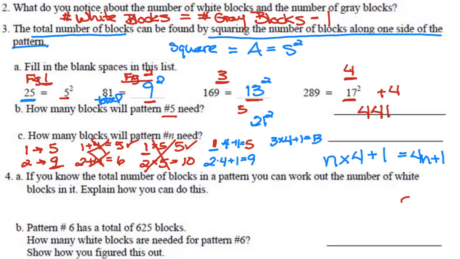So if I want the total blocks, it's squared. So it's n times 4 plus 1, which simplifies to 4n plus 1. That's the length of one side, and then we square it.